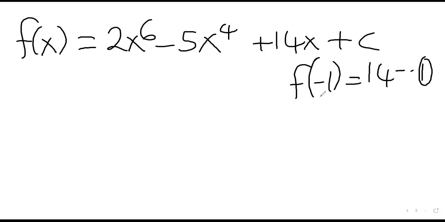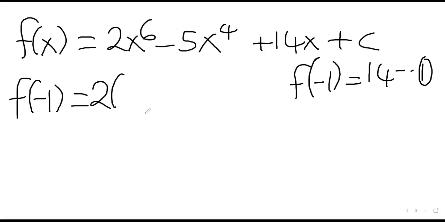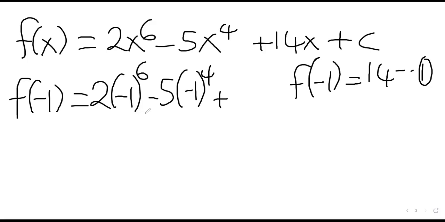Now let's find the value of f of -1 in this equation here. You replace -1 everywhere you're seeing x. So f of -1 here is equal to 2 times (-1) to the power 6, minus 5 times (-1) to the power 4, plus 14 times -1, plus c.